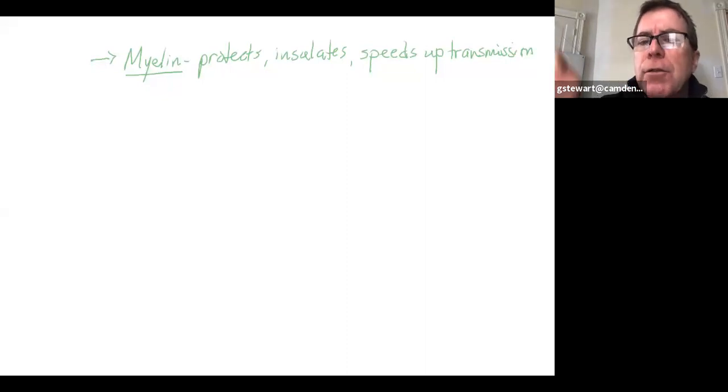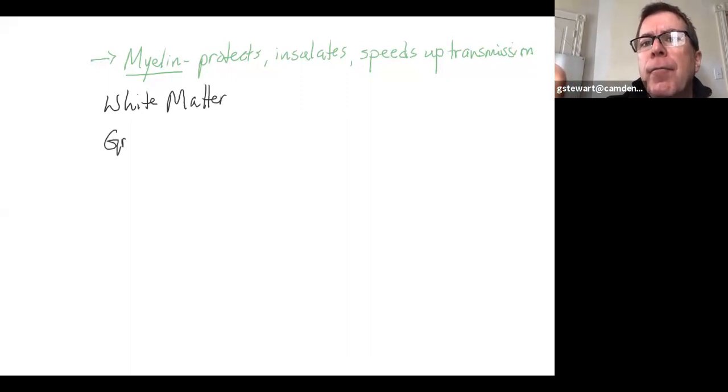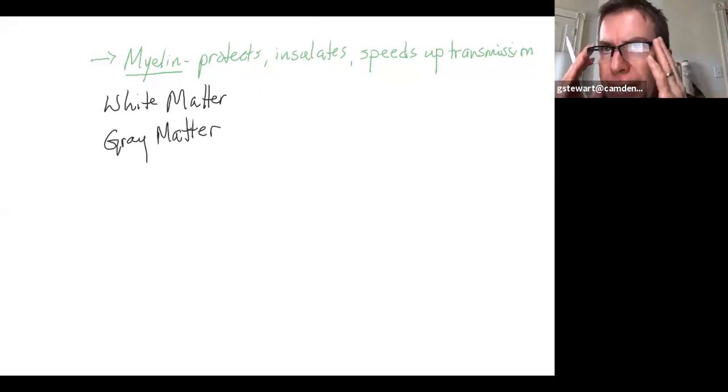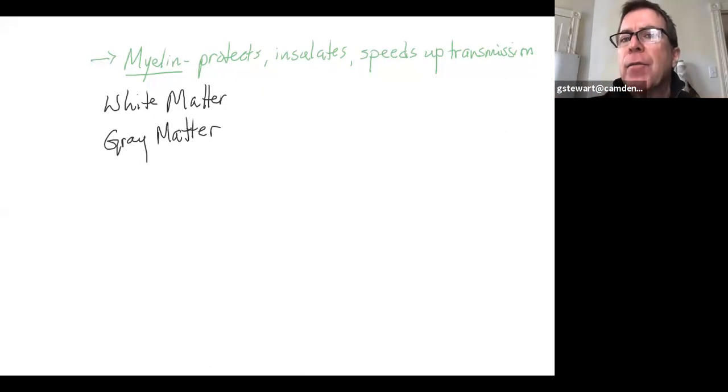Which brings me to two terms before I forget. These terms are largely used in the central nervous system: white matter and gray matter. If you were to slice open a human brain and look at it, there are spots or patches or places that look white. The tissue looks white in color, or the tissue looks gray in color.